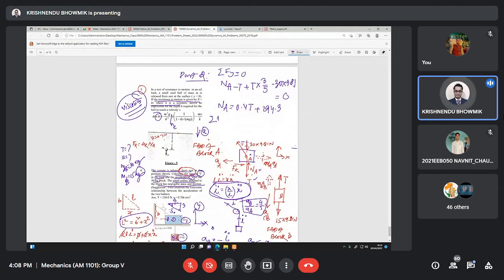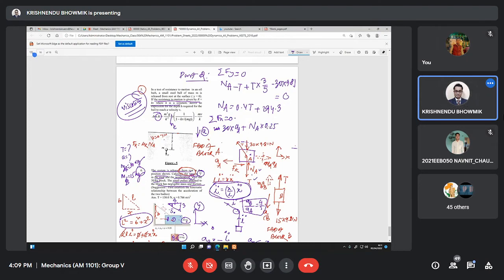And summation Fx equal to 0 will give MA, MA is 30, correct? 30 multiplied by AA in the x direction, plus FK. FK means NA multiplied by the coefficient of friction 0.25.